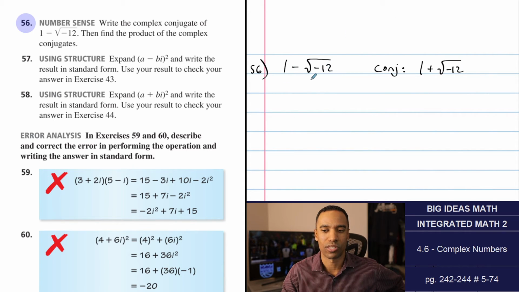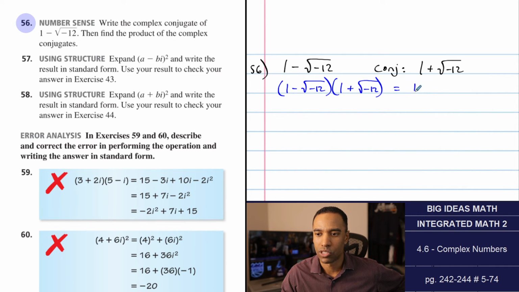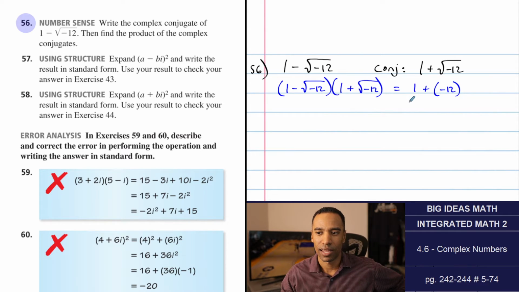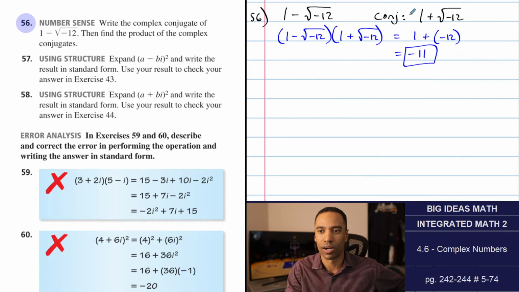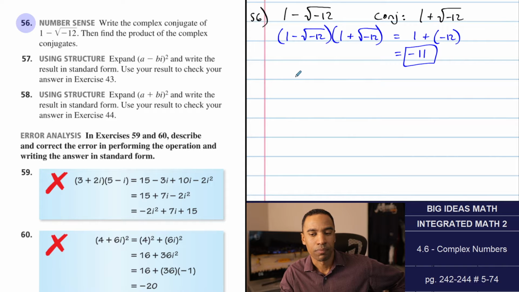Let's do it when it's still a square root of a negative, because if I do 1 minus root negative 12 times 1 plus root negative 12, that will still equal 1 squared, plus root negative 12 squared, so we're adding the negative. This will become negative 11. Now let's see if that still works if I call it i root 12, or even 2i root 3.